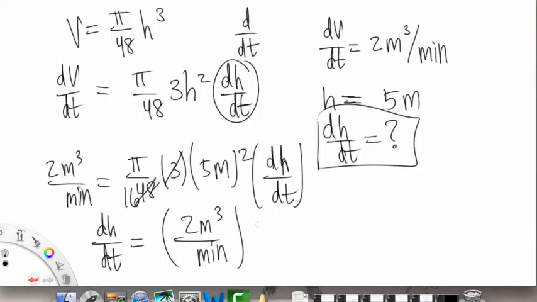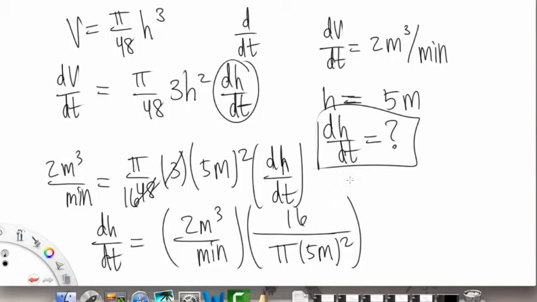And then we have this times the reciprocal of all of this, so that'll just be a 16. So 16 over pi times 5 meters squared. This simplifies to 32 on top, so we have 32 meters cubed over 25 pi on the bottom, and then meters squared minutes.